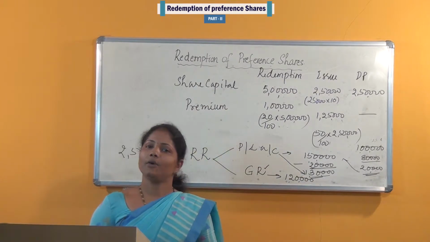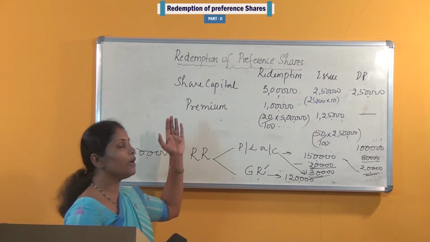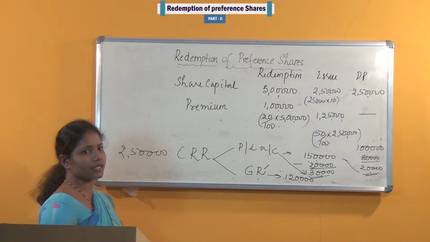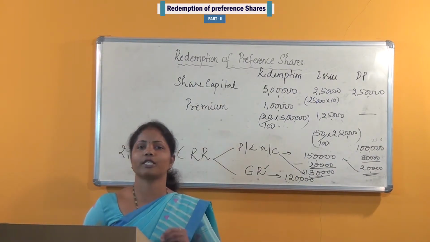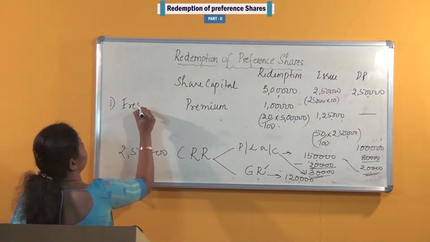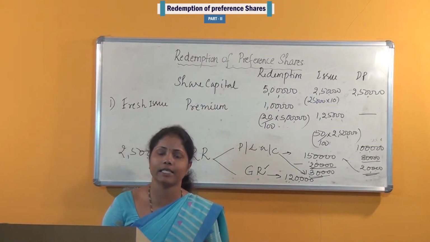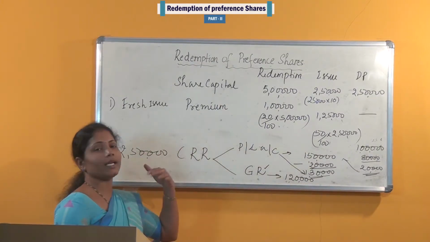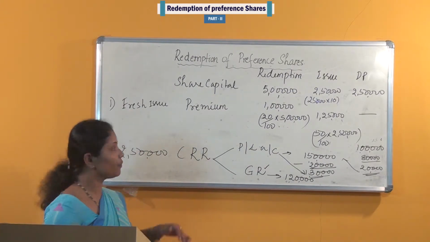While explaining the theoretical aspects, I explained all the accounting entries to be passed in the books of a company which goes into redemption of preference shares. I categorized the whole set of entries into 4 sections. First one is fresh issue. It may be issue of equity shares, preference shares, or debentures, or if there is any sale of fixed assets, it comes under the first step itself.